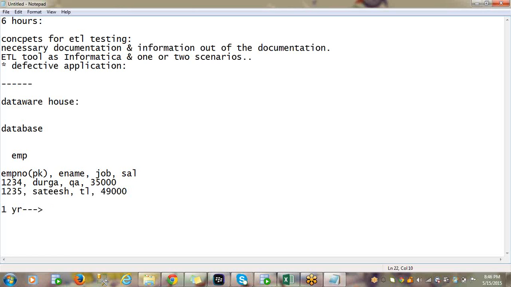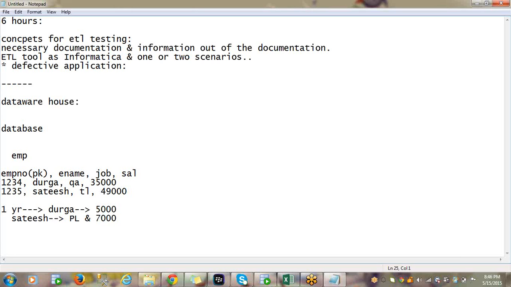Durga was not given any promotion, but his salary was hiked by 5,000. And Satish was promoted to project lead, PL, and parallelly he was given a hike of 7,000.